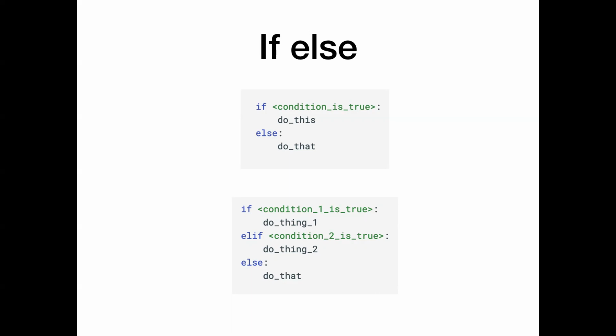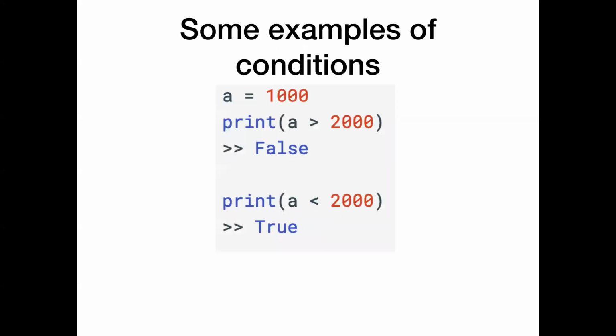Yeah, makes sense. Cool. So some examples of conditions: I could set this variable a to 1000 and I can say print a greater than 2000. Now this seems weird because what I've done is I've printed out a condition. Why do I do this? Because you will see conditions like if a greater than 2000 everywhere in your code.